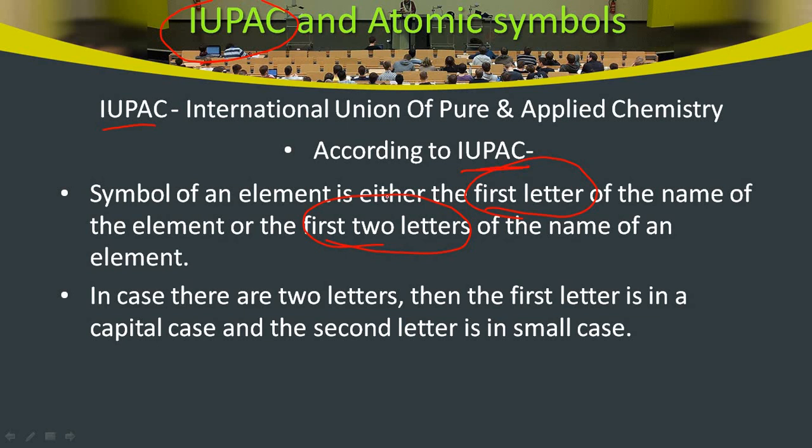But in cases where there are two letters, the first letter is a capital letter and the second letter is a small letter. Let us see, I have taken some beautiful pictures for all of you to understand the symbols.